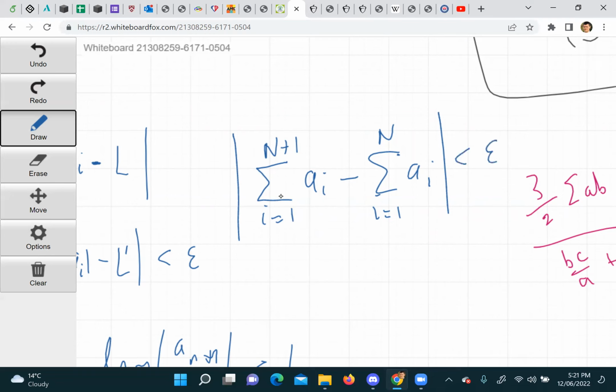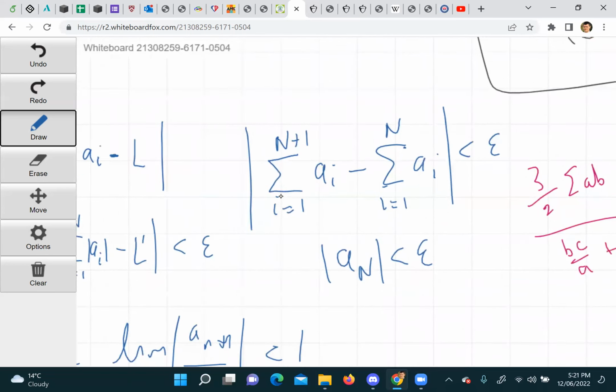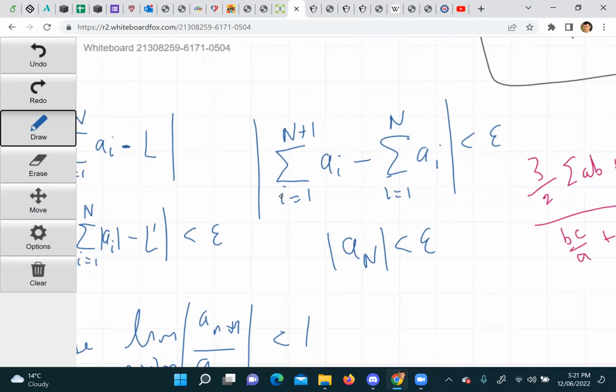But what is their difference? The distance is actually just the last term, equal to a_n. So if for any epsilon you can go far enough that the term is smaller than epsilon, then by definition the limit of a_i equals 0.